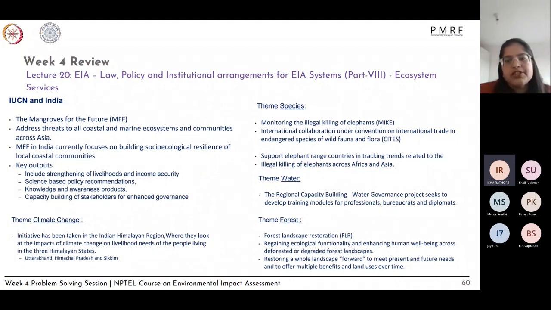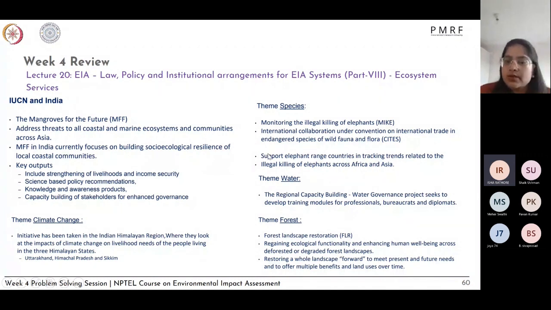Then, in terms of species, we still face the illegal killing of animals, so monitoring that aspect because of the elephant horn being used in medicines and beauty products. And then we also have the collaboration under the Convention on International Trade in Endangered Species of Wild Flora and Fauna. So this is also one of the aspects, because the elephants are being killed for their horn, but it's also being transported to other countries.